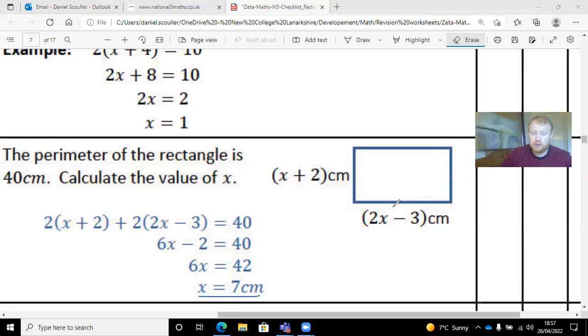We want you to understand what expression would give us the perimeter in this case, and then it would give you the perimeter like that. So it's that type of question.